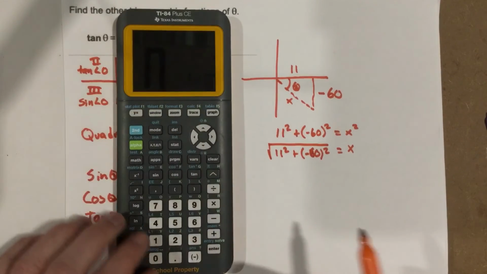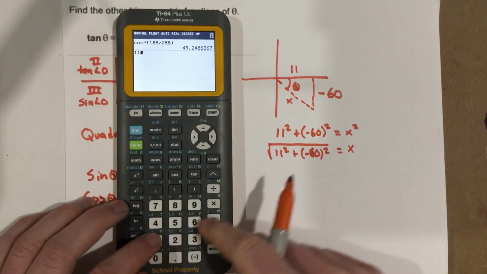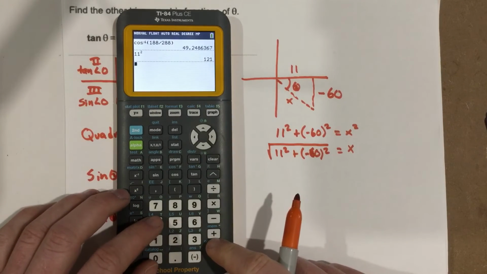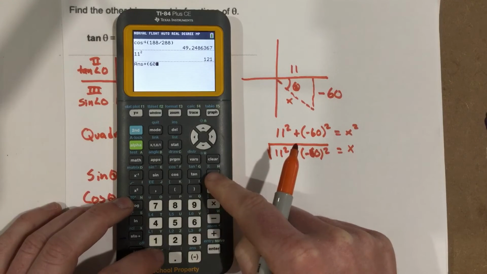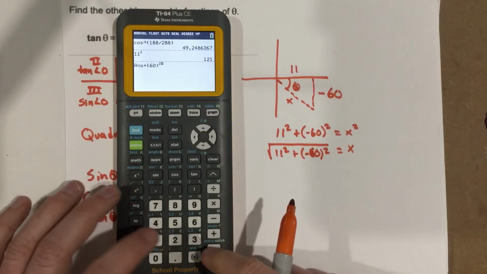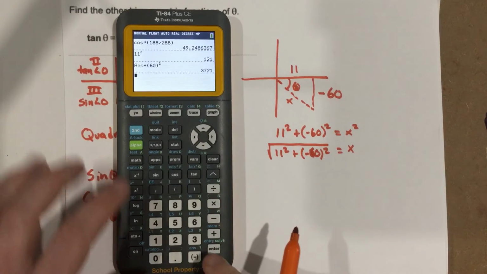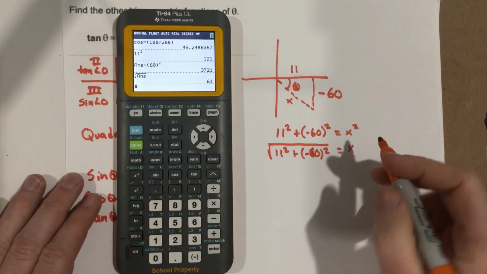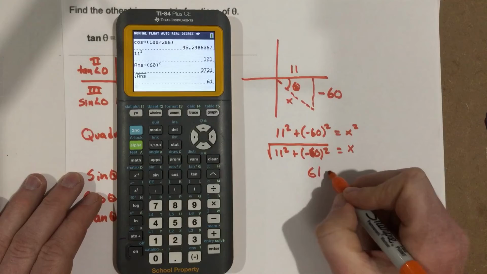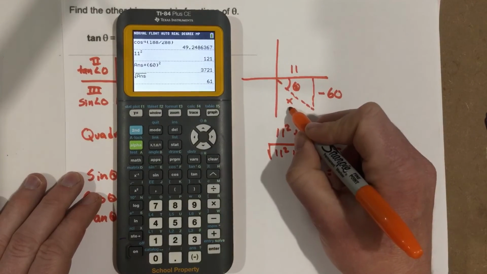Plug all that in the calculator. I don't even need to worry about the negative sign on the 60 because we know 2 negatives make a positive. And then square root that. 61 is the answer. So this is 61.